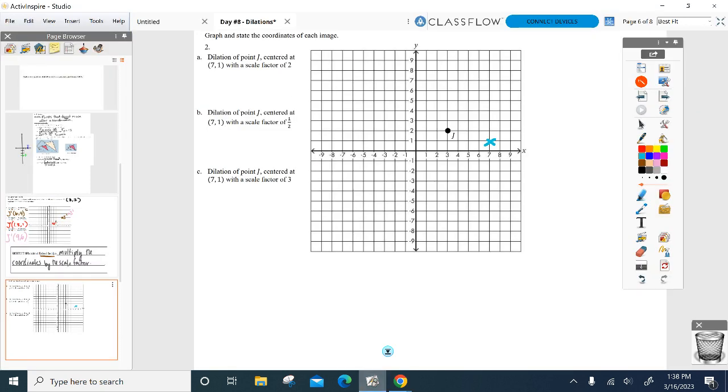Okay, so I'm doubling that. So now go up 2, over 8, from the center, not from J, from the center. Everything is done from the center. So up 2, over 1, 2, 3, 4, 5, 6, 7, 8. J prime is negative 1, 3.